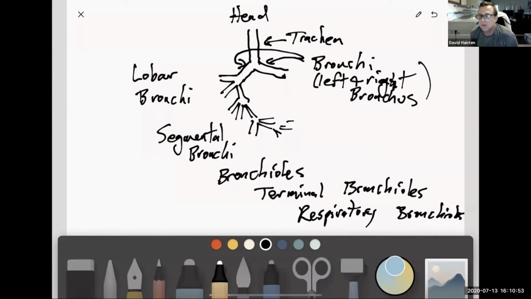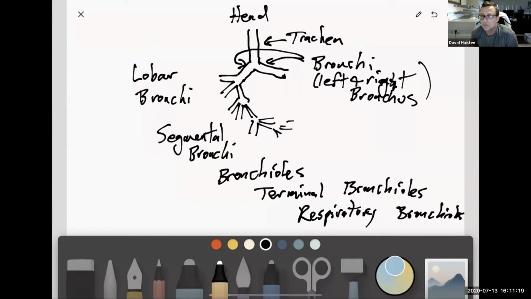How many lobar bronchi would you have in your right lung as compared to your left lung? Lobar bronchi, each one goes to a lobe.